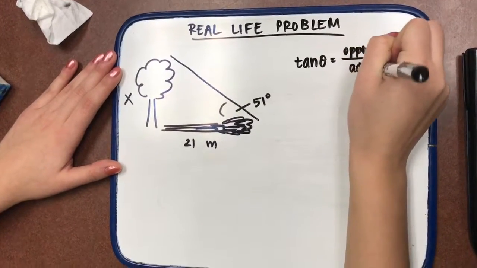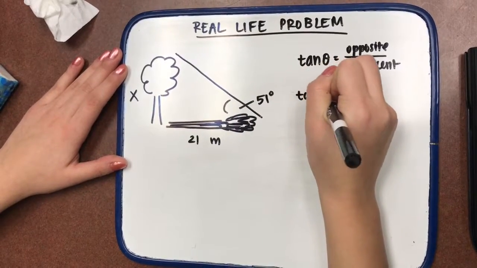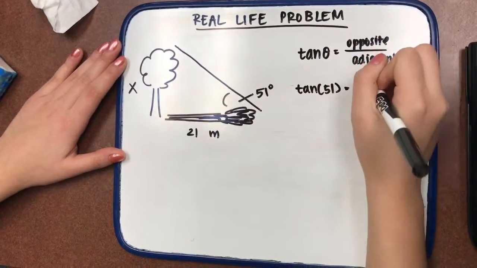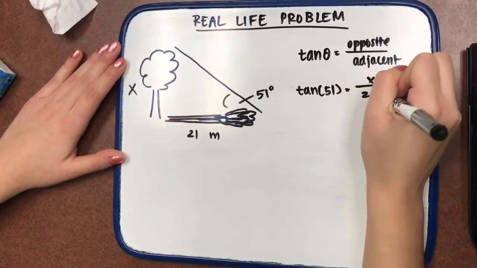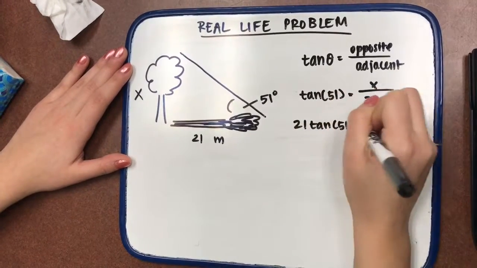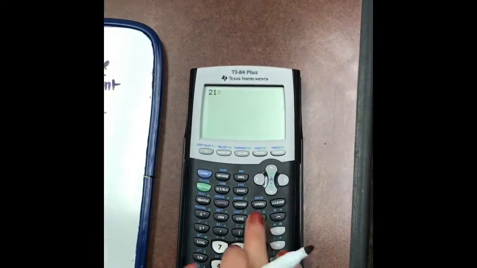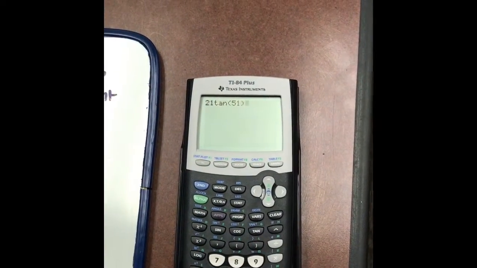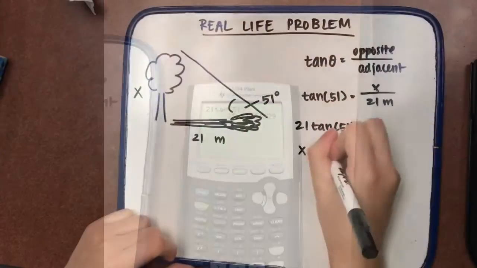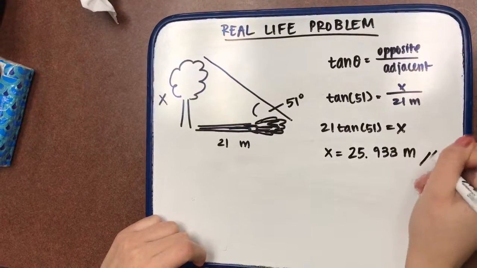That's going to be tangent of 51 equals x over 21 meters, and we have to solve for x. So that's 21 times tangent 51 is equal to x. I'm going to move on to the calculator. So 21 tangent 51 is equal to 25.933 meters.